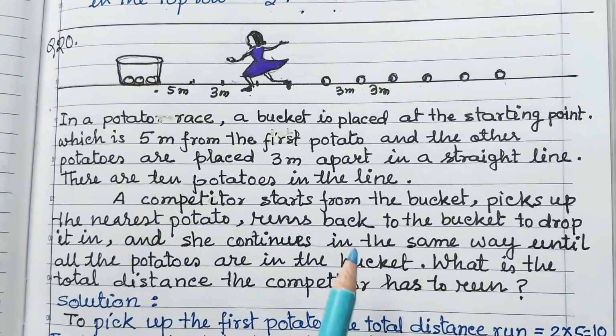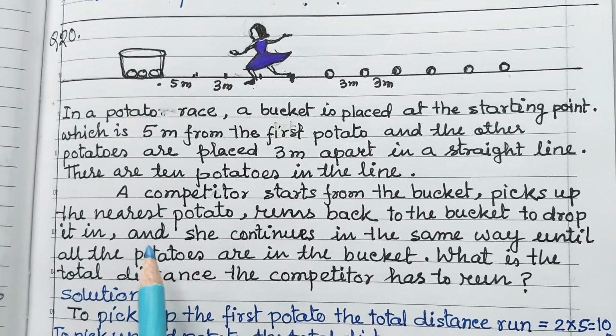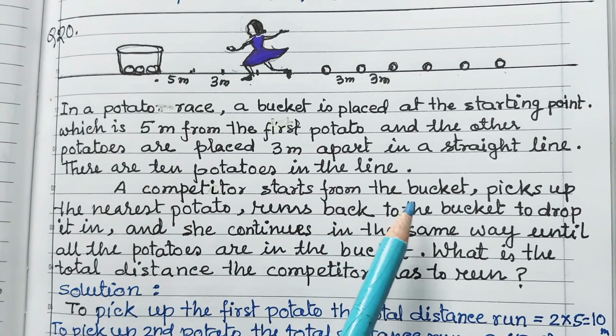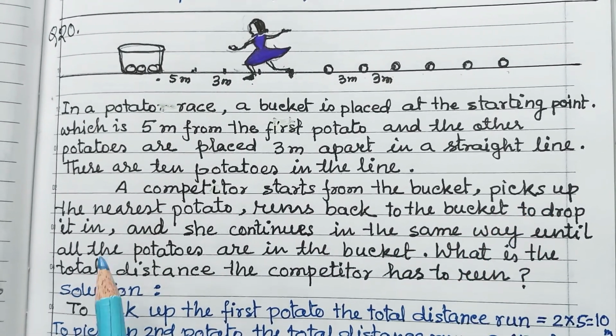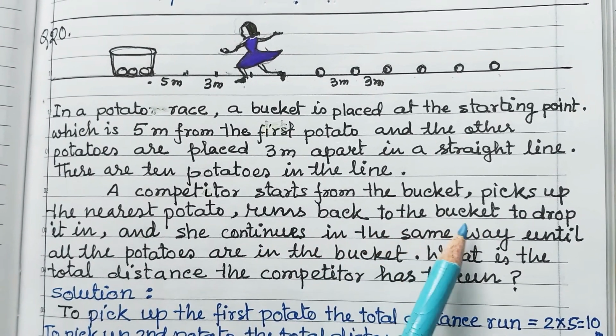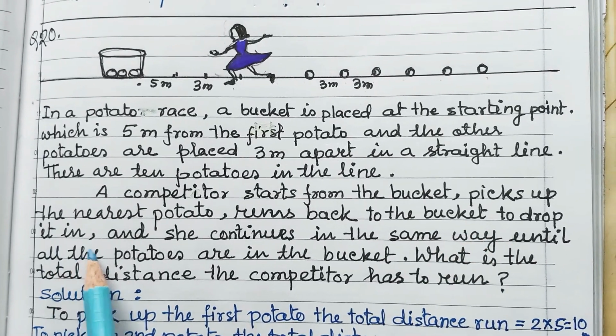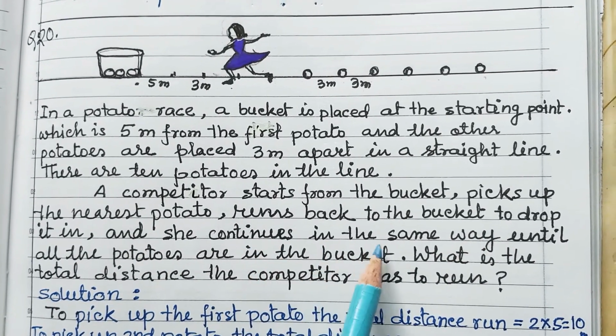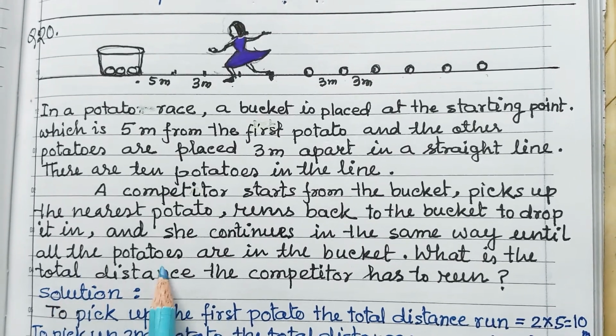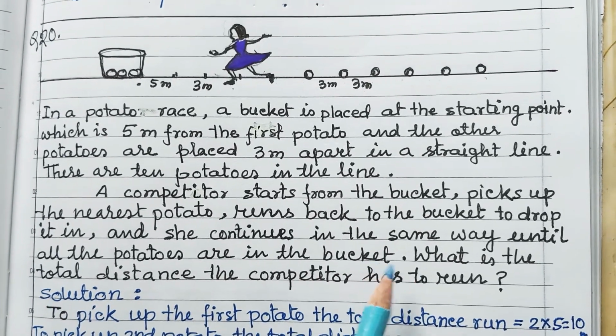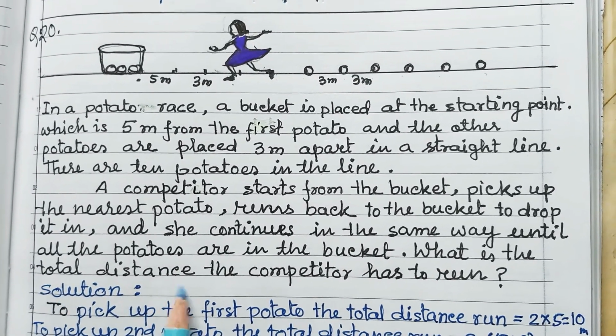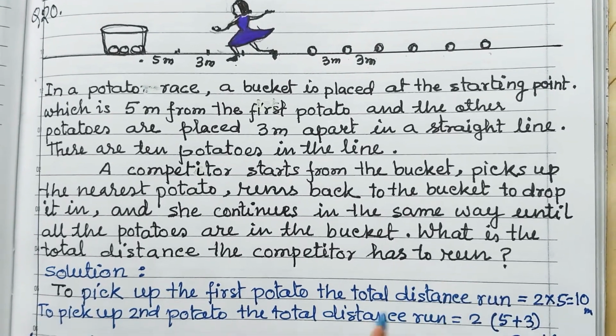In this way she is collecting the potatoes. So a competitor starts from the bucket, picks up the nearest potato, runs back to the bucket to drop it, and continues in the same way until all the potatoes are in the bucket. What is the total distance the competitor has to run?